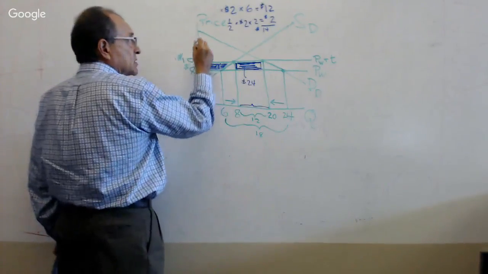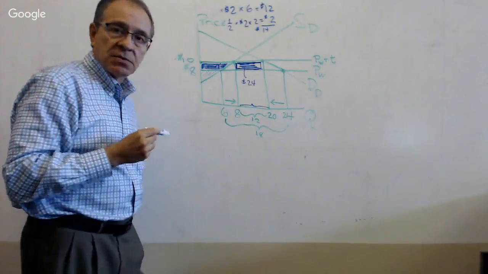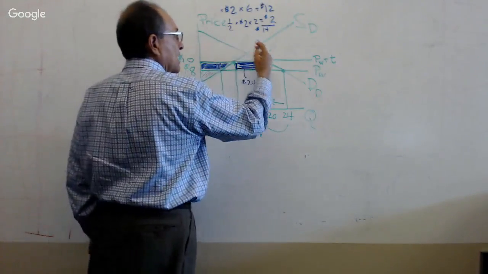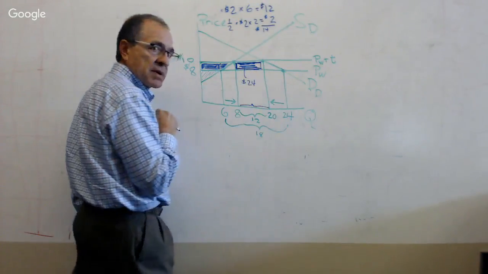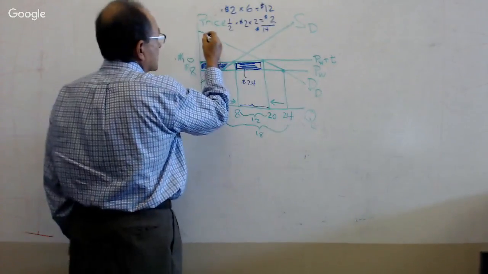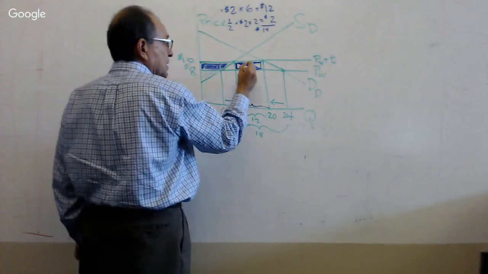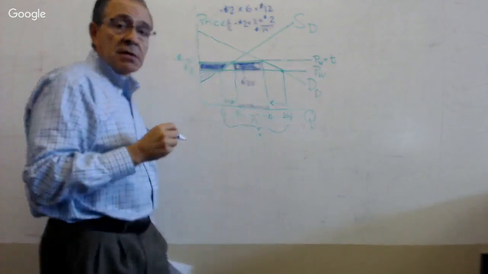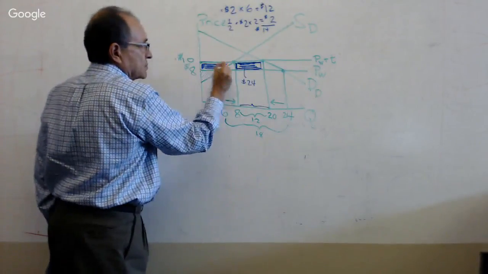So this triangle represents all of consumer surplus. And remember the definition: the area below the demand curve, but above the price that they're actually paying for those units. That now shrinks to this smaller triangle. So consumer surplus has shrunk from this larger triangle down to this smaller one.